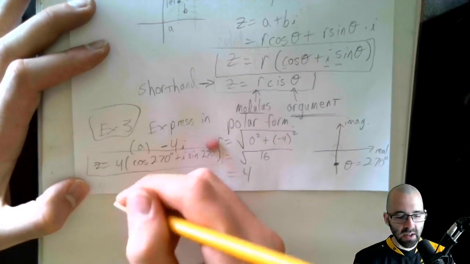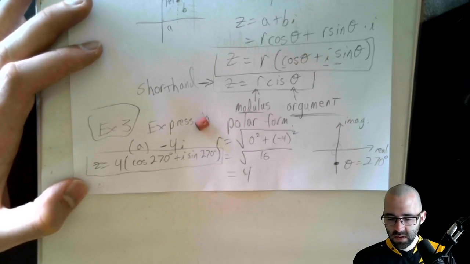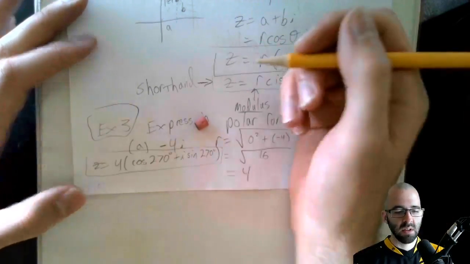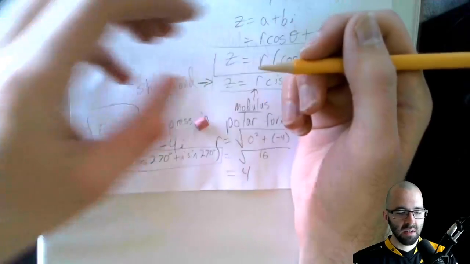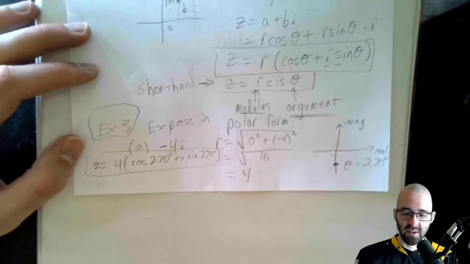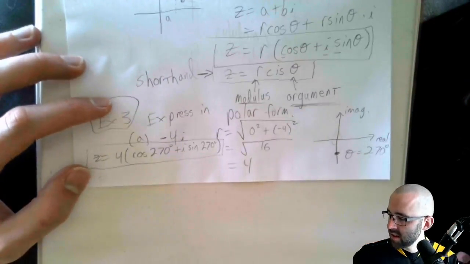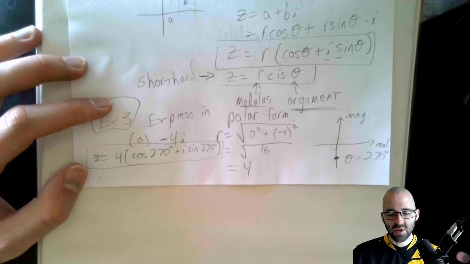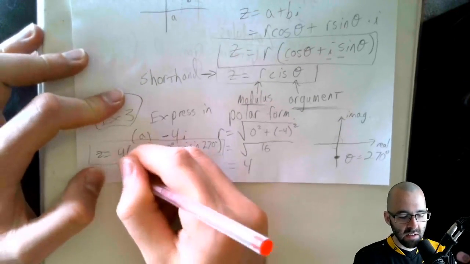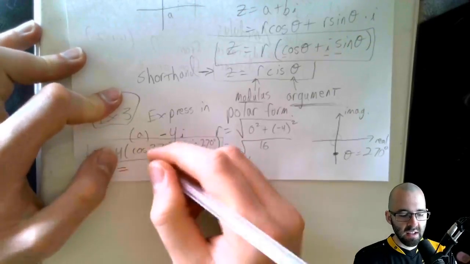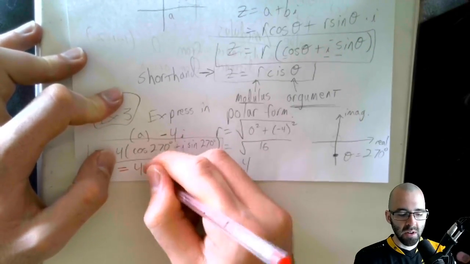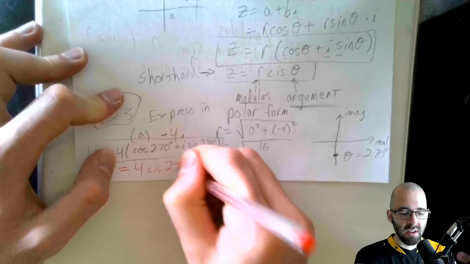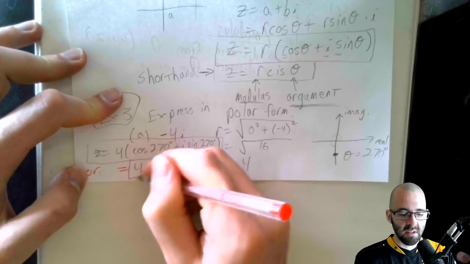Or, if you wanted to use a shorthand, what that would look like is r, which is 4, cis theta, 270 degrees.